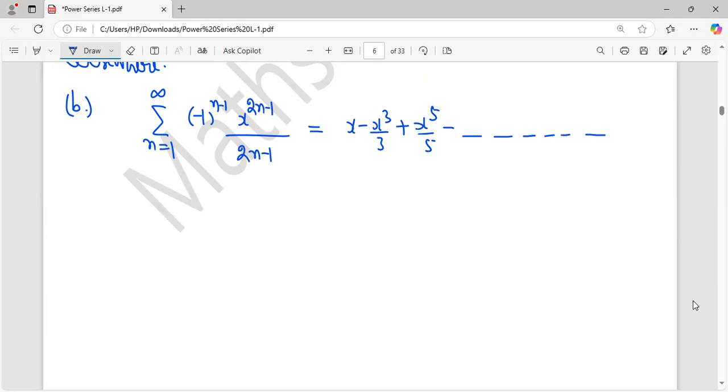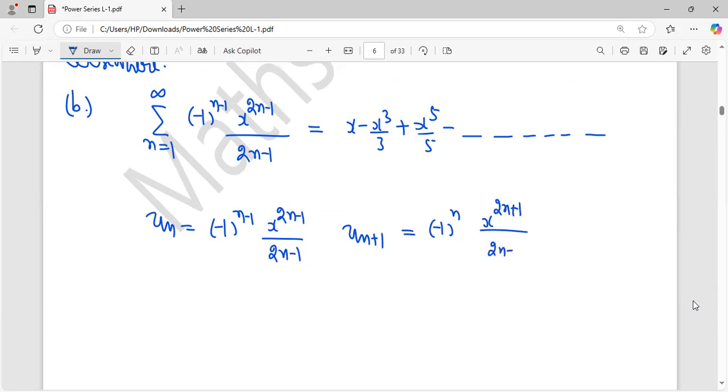Okay, so what is un? Un is minus 1 to the power n minus 1, x to the power 2n minus 1 upon 2n minus 1. What is un plus 1? That is minus 1 to the power n, x to the power 2n plus 1 upon 2n plus 1. So what is un plus 1 upon un?